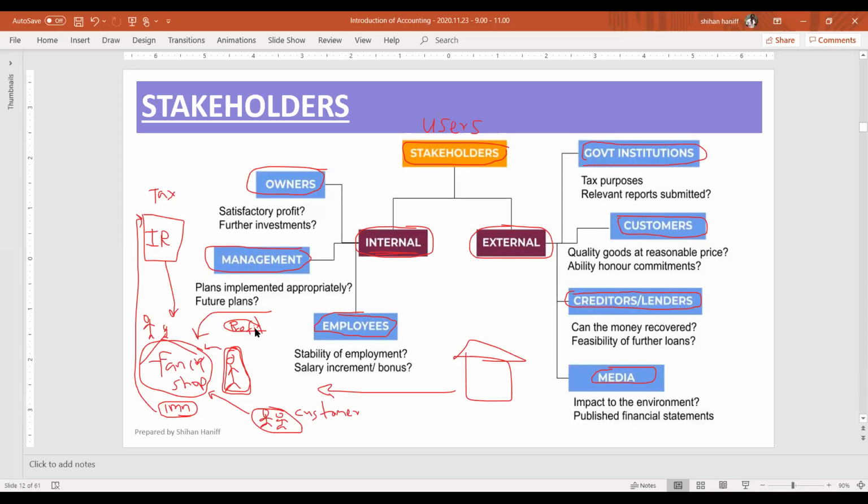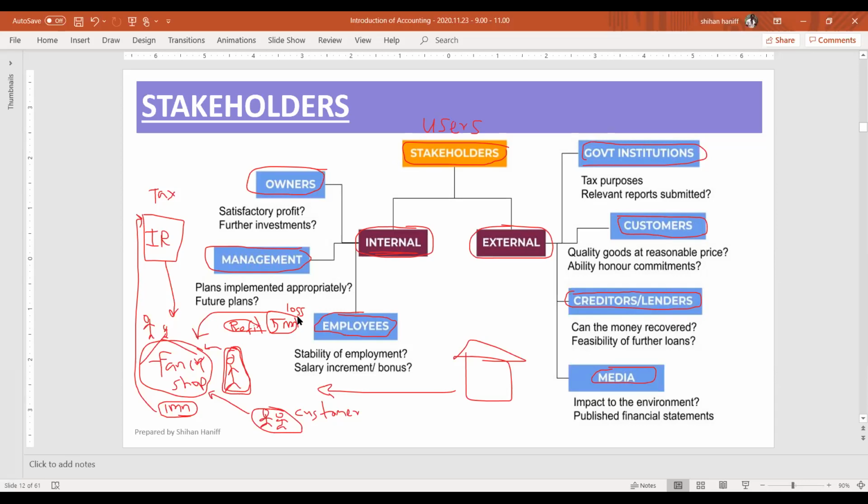If the fancy shop doesn't give a profit, let's say there is a loss of 5 million from this shop, continuously making losses, then he will decide based on his economic decision making.